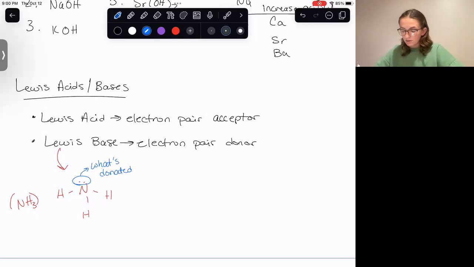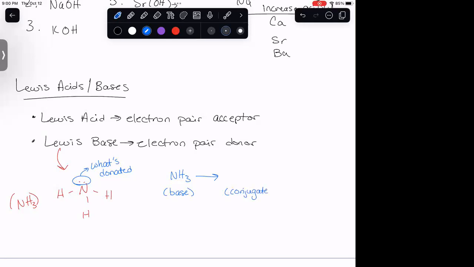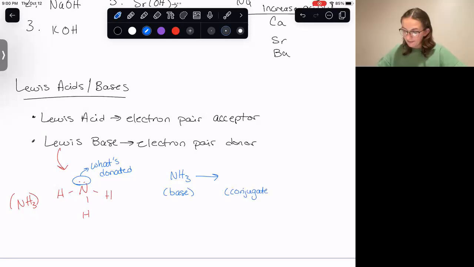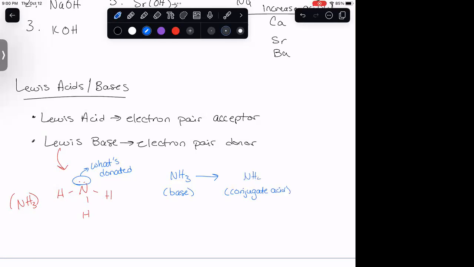If we have NH3, what is the conjugate acid of NH3? Would it be NH4 minus? Close. It's the H that was lost.